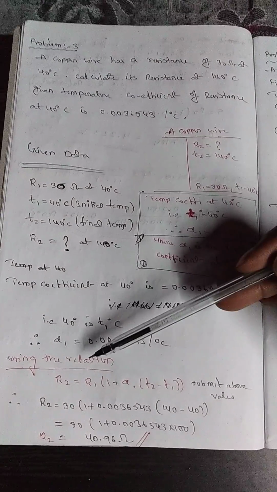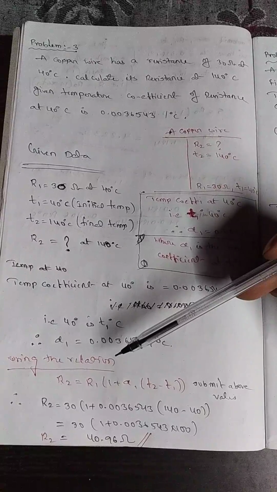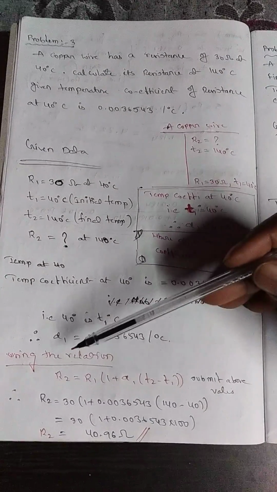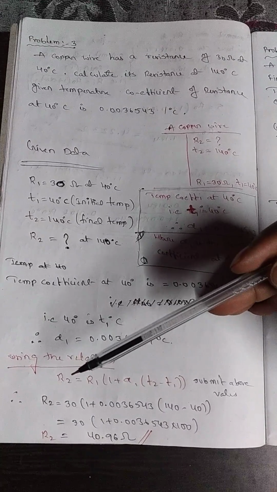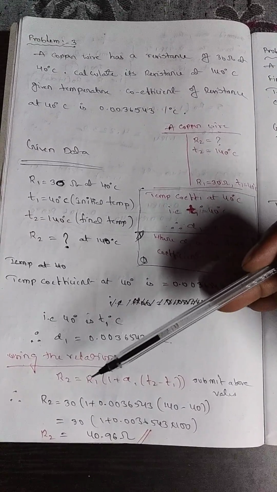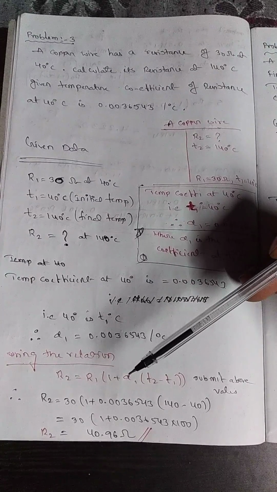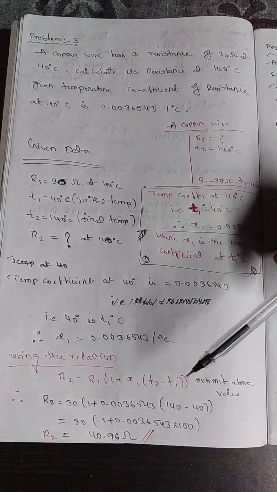Now using the relation for resistance at any temperature, the R2 resistance equals R1 into 1 plus alpha 1 times T2 minus T1.